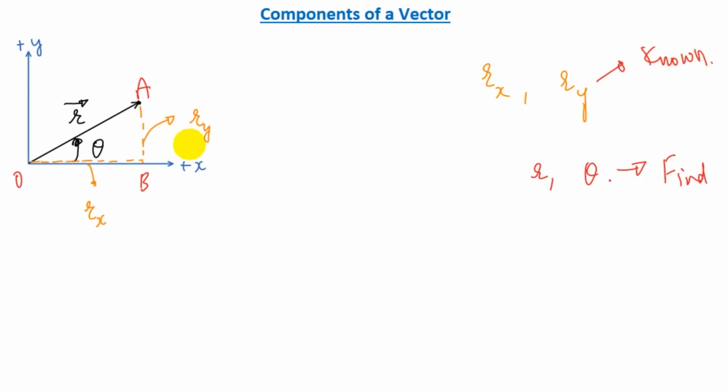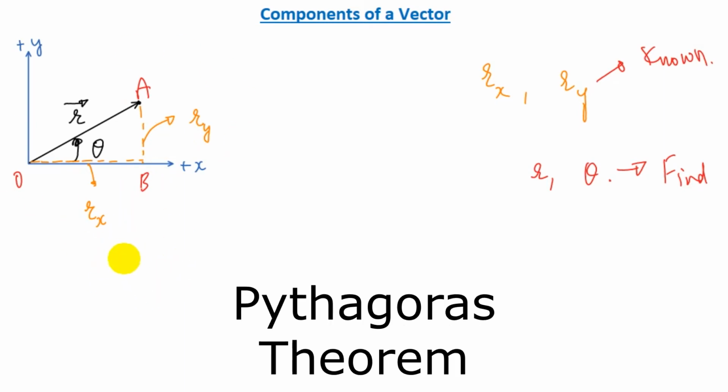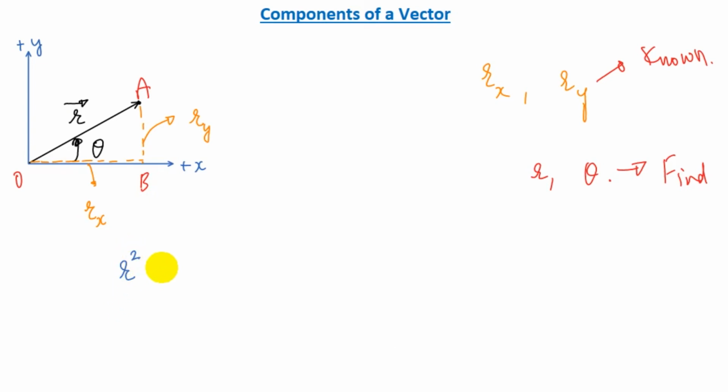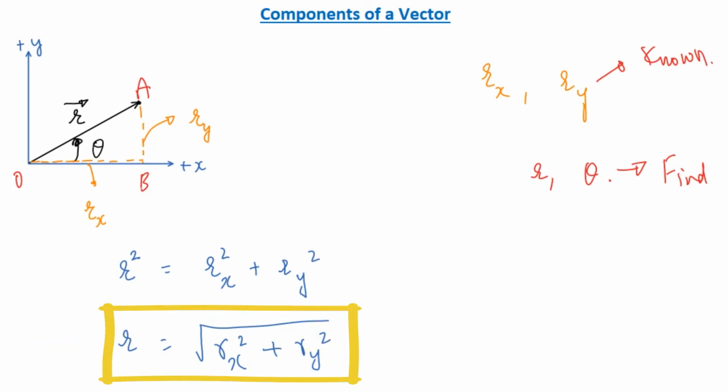Now if you consider this triangle OAB and apply the Pythagoras theorem, we can write that the magnitude of r vector squared equals rx square plus ry square, and from here the magnitude of r vector would be equal to under root rx square plus ry square. So this is a direct formula that we can use to find the answer.